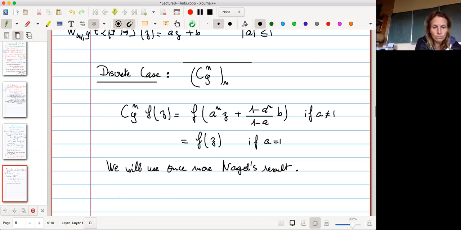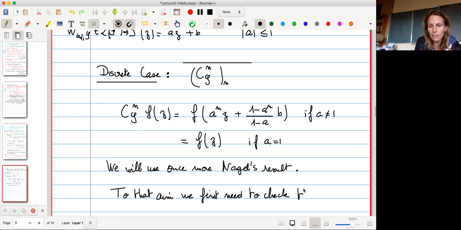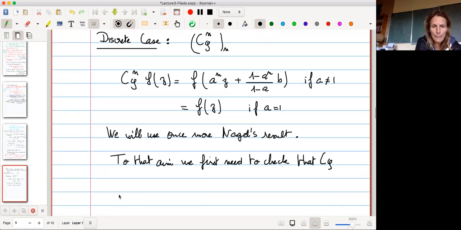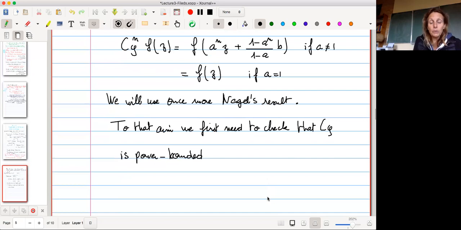So the first thing to do is to check that C phi is power bounded. But we have an estimation of the norm of C phi.